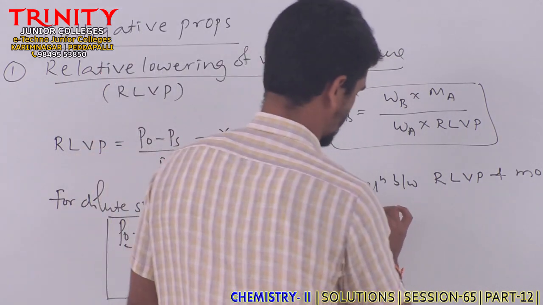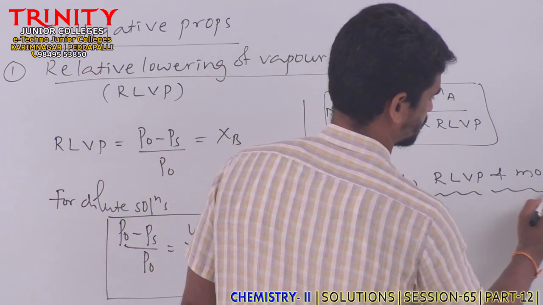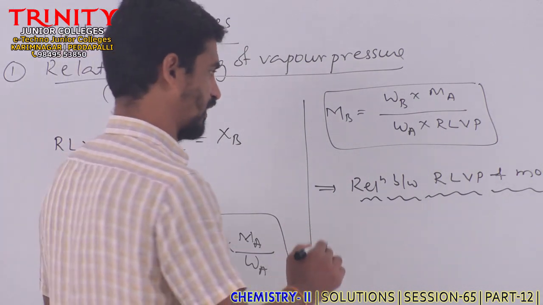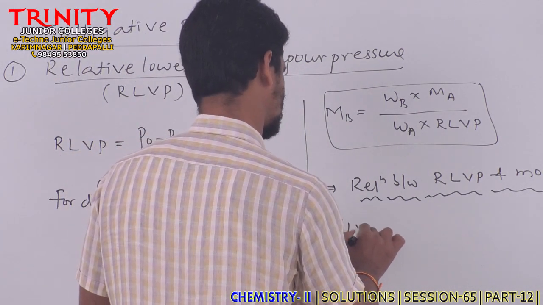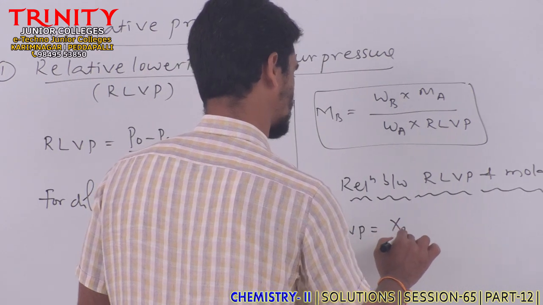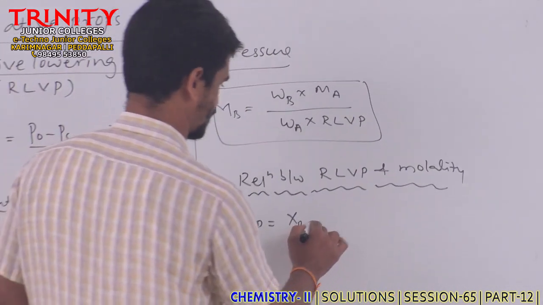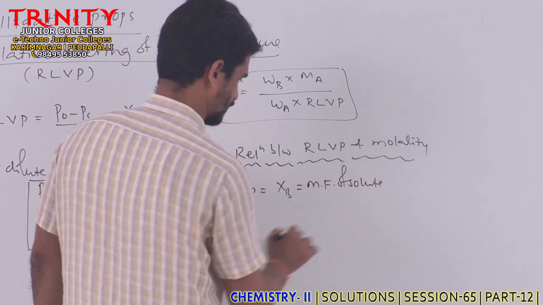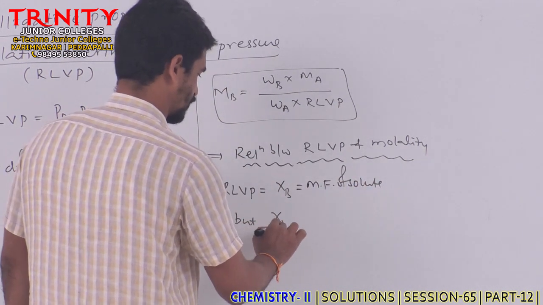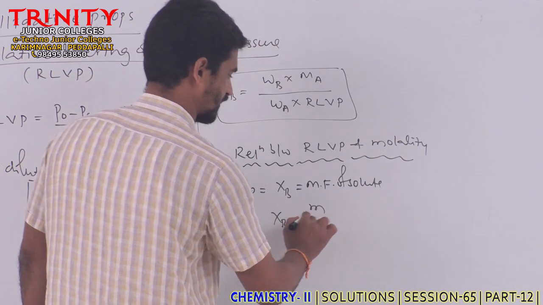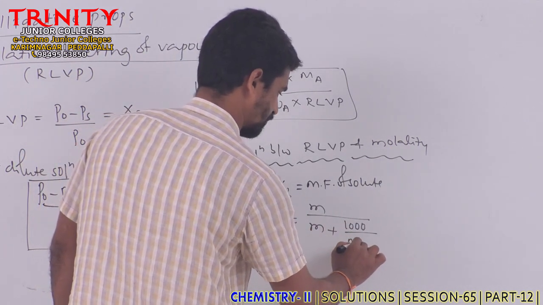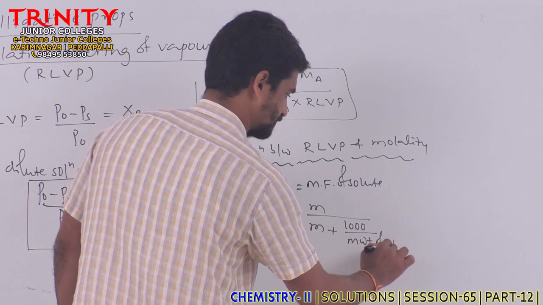Next, what is the relation between RLVP and molality of solution? RLVP, relative lowering of vapor pressure, equals the mole fraction of solute. But the mole fraction of solute equals molality by molality plus 1000 by molecular weight of solvent.